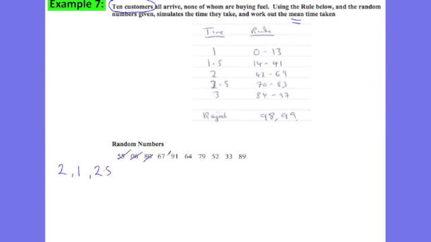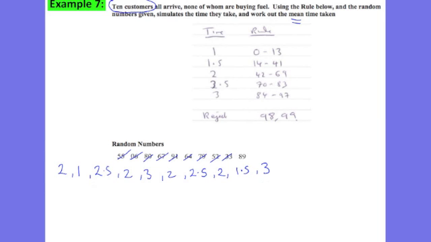Cross these off as we consider them. 67 is here in 2. 91 is here, 3. 64 is 2. 79, 2.5. 52 is 2. 33 is 1.5. And lastly here, 89 is in the last category, 3 minutes.